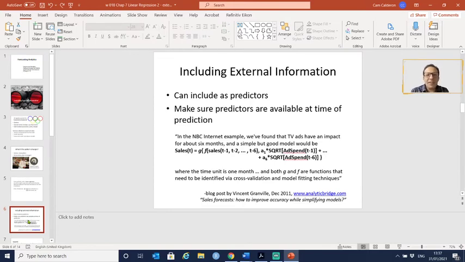So including external information can include many variables as predictors. So we need to make sure that the predictors are available at the time of prediction. I think that will be for obvious reasons. So on paper you can run any regression if you want, but if the data in practical reality is not in time for you to get to know, well, I think that would be a probably less important estimation technique.